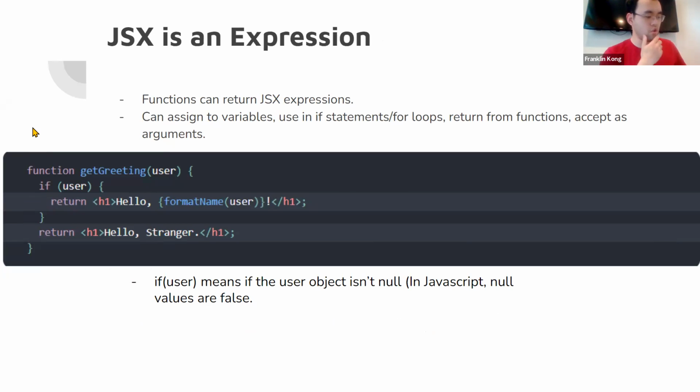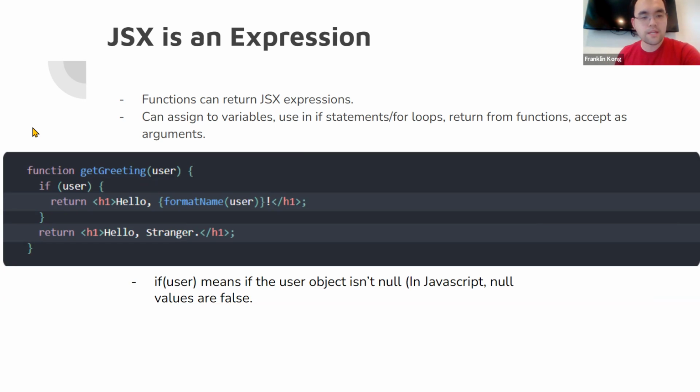Now, we've talked about how you can put expressions in JSX, but you can also use JSX as an expression. So you can assign it to variables. You can use JSX in if statements or for loops. You can return it from functions, and you can also accept JSX as arguments. So below, we have a function called getGreeting.